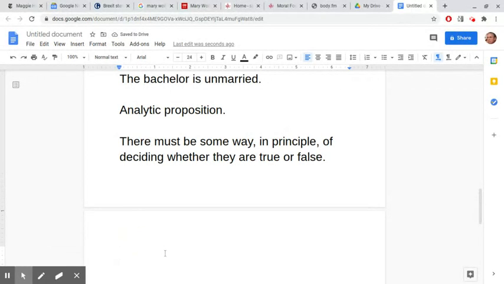So if I say that Joe lives on Pluto, it may be impossible at the present moment to find out whether that's true. I mean, obviously, it's very unlikely to be true. But in principle, we could go to Pluto and see whether Joe lives there.